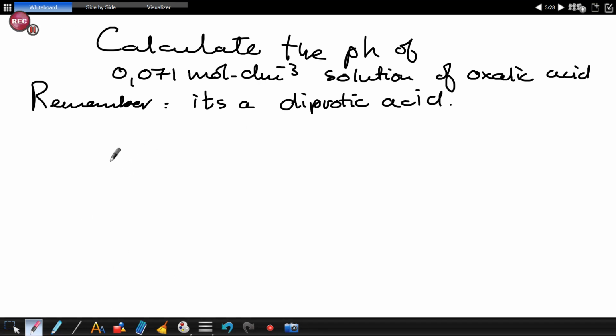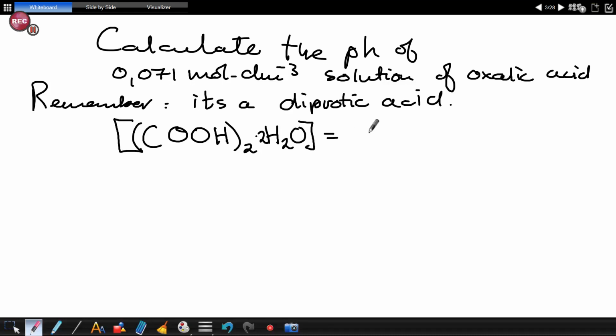Okay, so let's see if your concentration of COOH 2.2H2O is 0.071 mole per cubic decimeter.